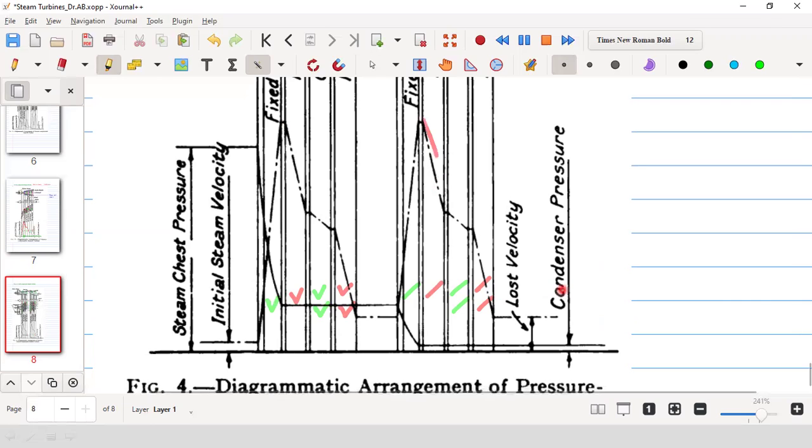So that velocity is split. The kinetic energy is utilized in two stages. So this is called velocity compounding, and this is called pressure compounding. This is another pressure compounding, and in each of them there are two-row wheels, so two stages of velocity compounding. Okay.